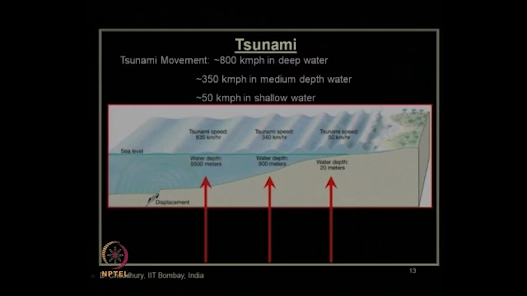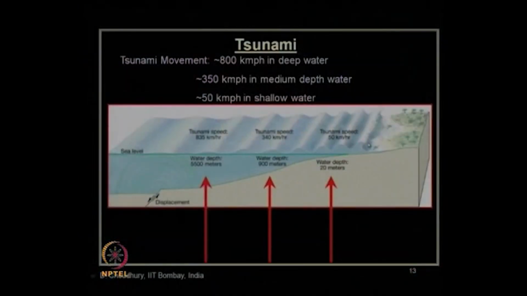As a result, when the tsunami wave strikes the coastal region or the shore, it comes with a very large height, even 10 meters or much more than that, like we have already noticed in the 2011 Tohoku earthquake.